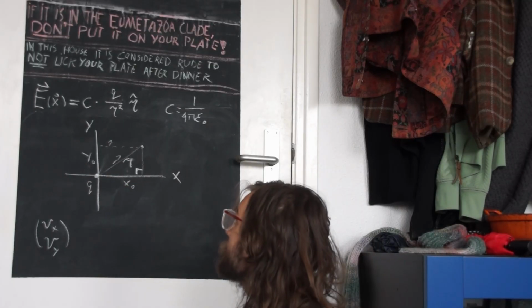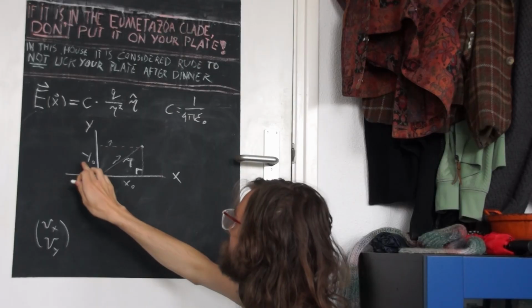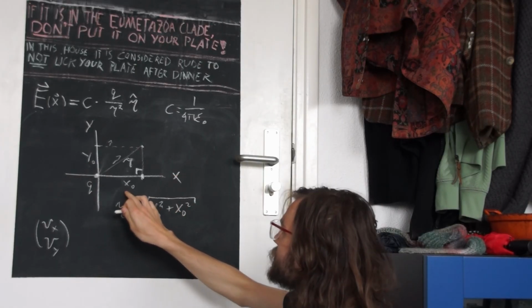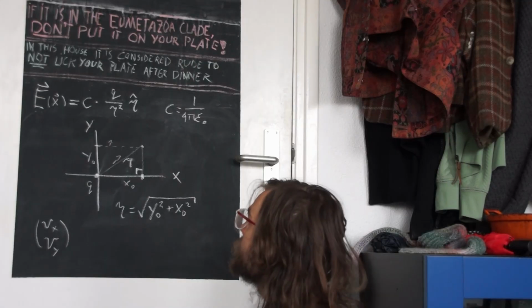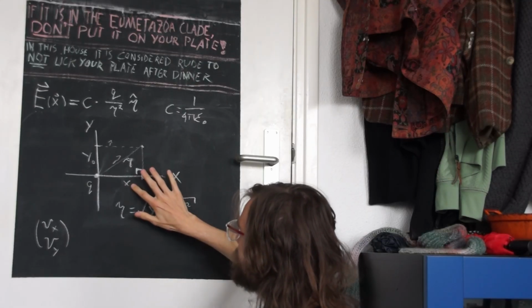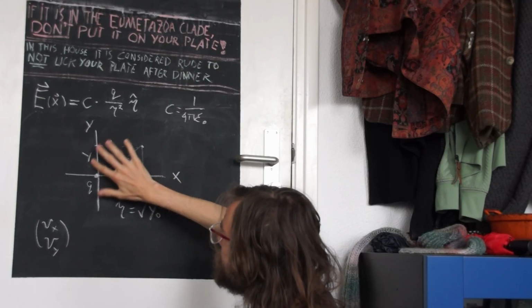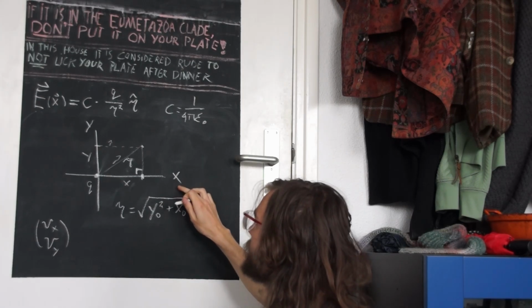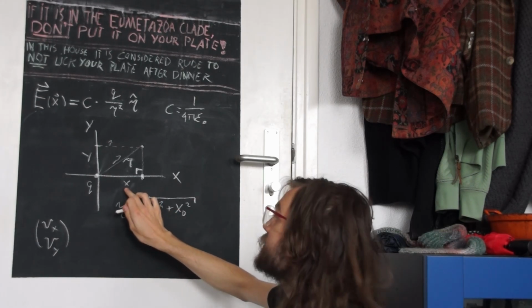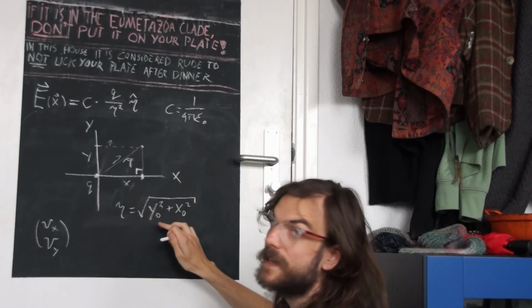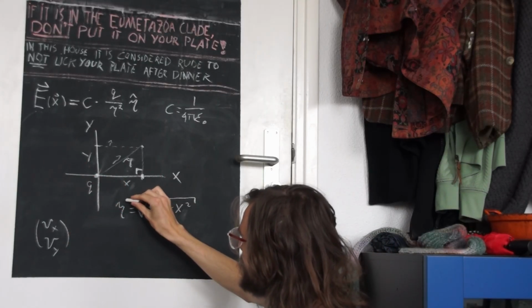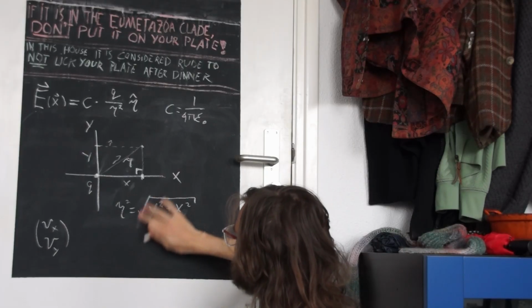So r is going to be the square root of this squared and that squared. I use this notation x naught to distinguish from the x-axis, but often we will not write this little naught here, and we just know from context when we're talking about the x variable and when we're talking about a specific distance, and we also call it x. So I'm just going to be calling these x and y. If we square this r again, then we get rid of this square root.